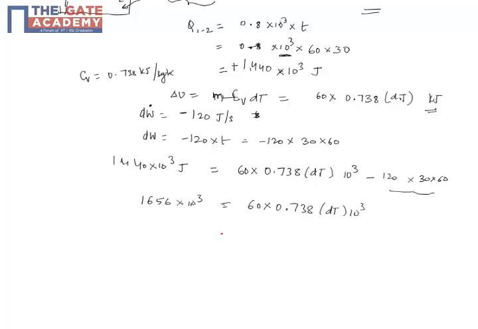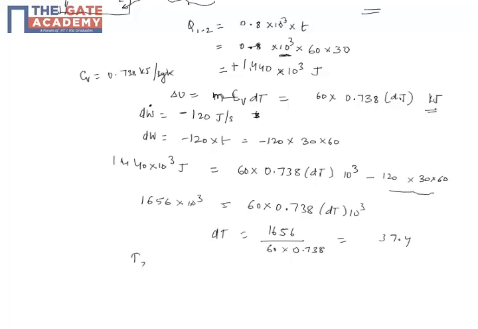The 10 power 3 terms cancel. dT is what we need to find the final temperature. Once you find the change in temperature and add it to the initial temperature, you get the final temperature. So 1656 by 60 into 0.738 is 37.4.